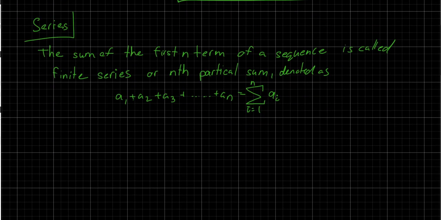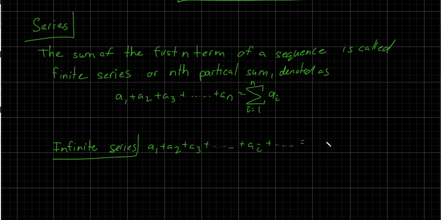We also have infinite. Finite, this is infinite. The only change is that we do a1 plus a2 plus a3 and so on, plus our a of i, but it keeps going on and on forever.